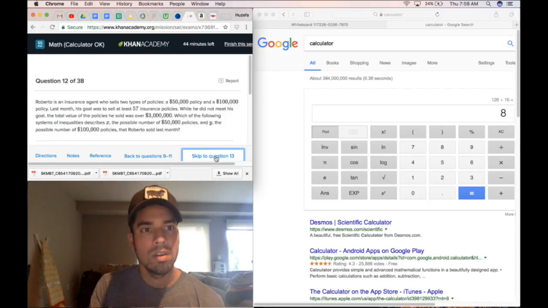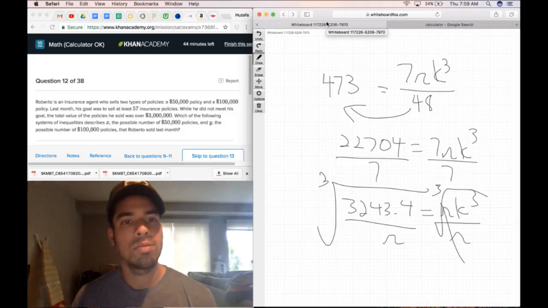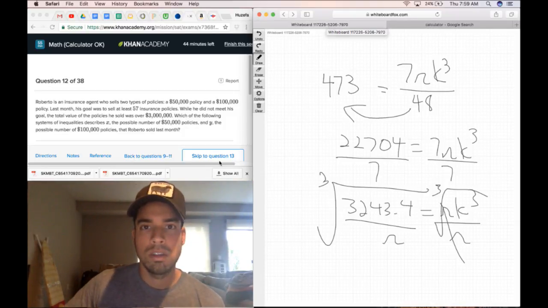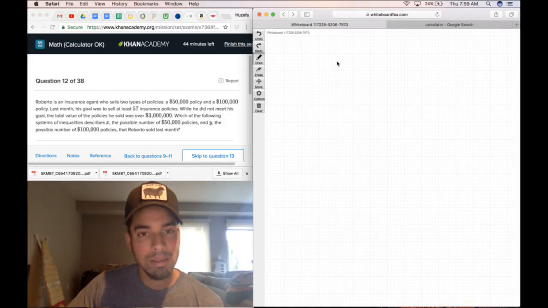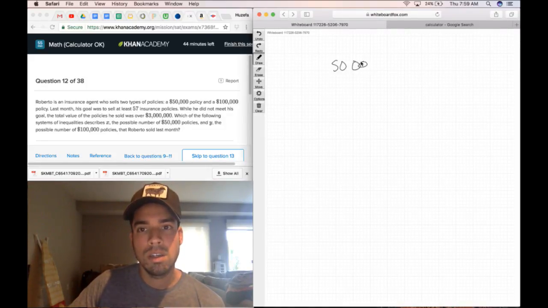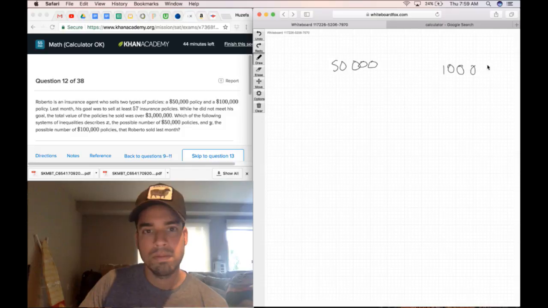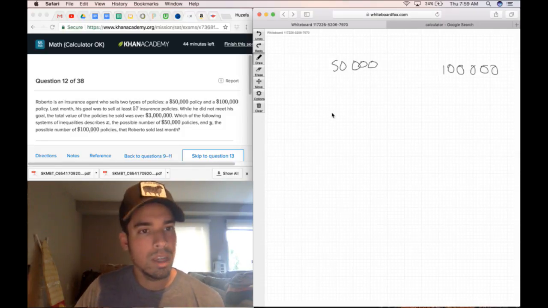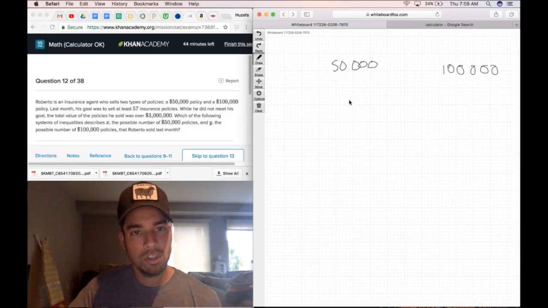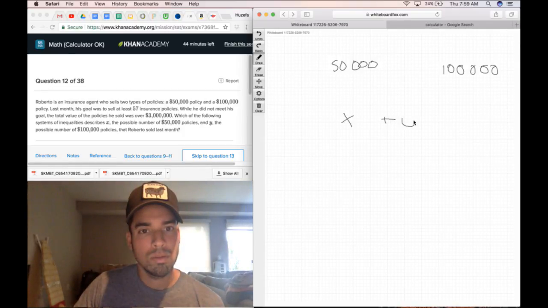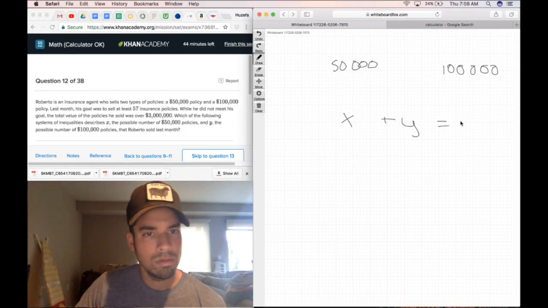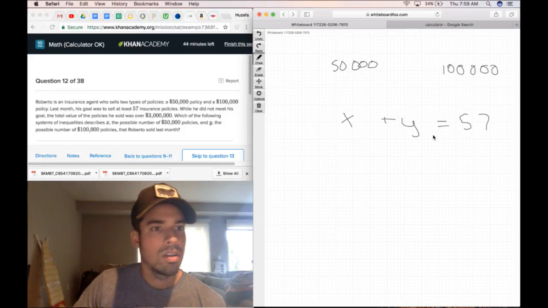That's it. Okay. Roberto is an insurance agent who sells 2 types of policies, 50,000 and 100,000. I'm guessing this is a system of equations again. Last month his goal was to sell at least 57 insurance policies. While he did not, so we'll say x plus y equals 57.